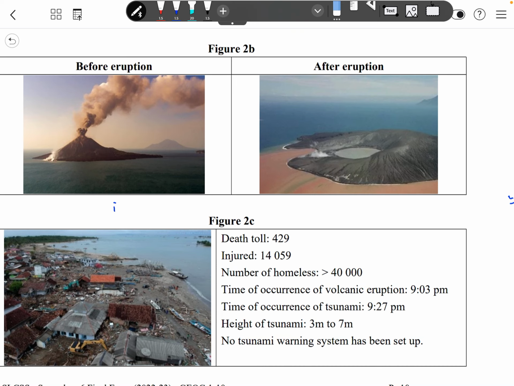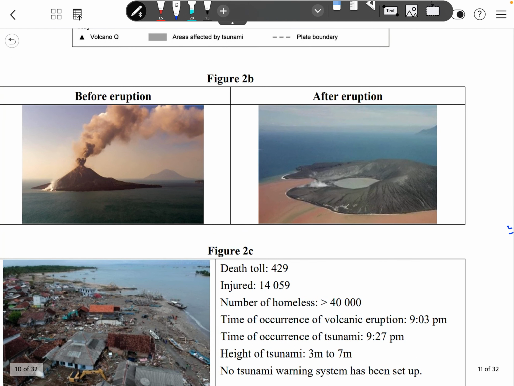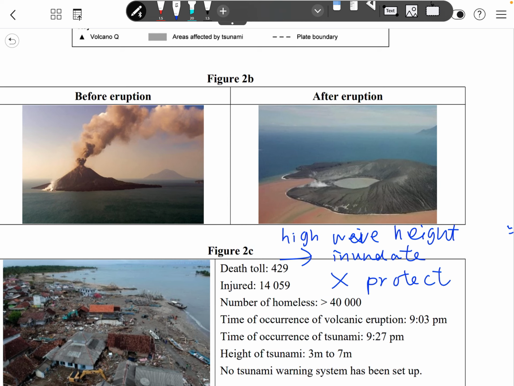Besides, in figure 2B and 2D, we can see that the tsunami wave caused by the volcanic eruption has a high wave height. So it will easily inundate the area, so it is not protected by plants.